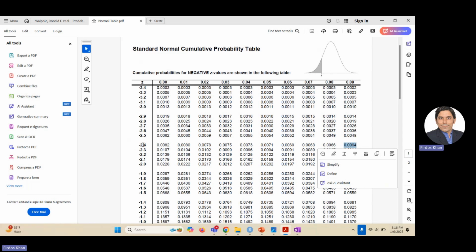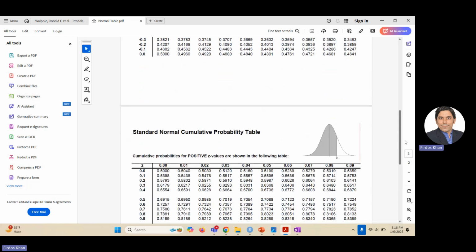You need to read this and this as well. The 0 is always 0 because there is a 4 here. So minus 2.49. Remember, you need to understand this. And similarly, you can read all these values. I don't need to explain this. And remember that this table is constructed in a cumulative way.